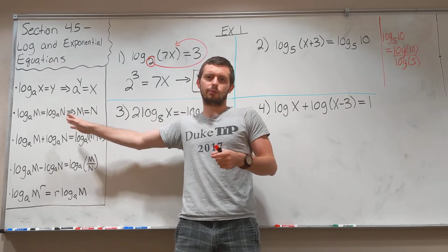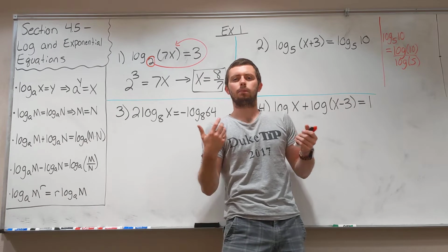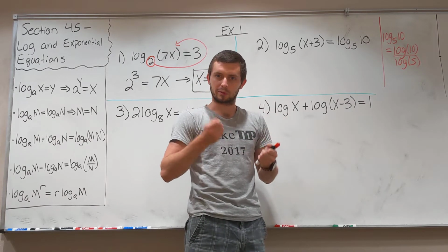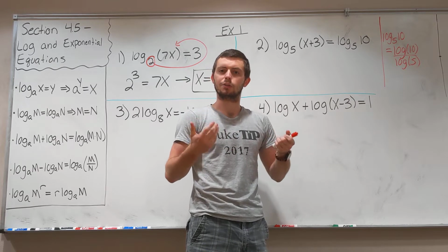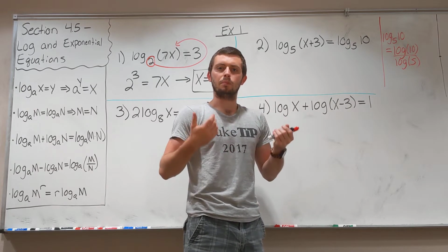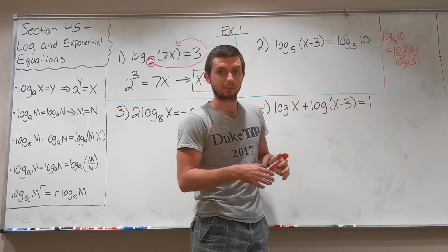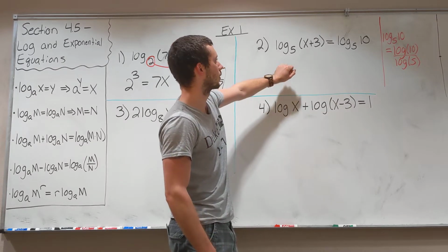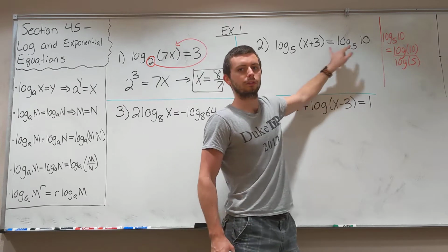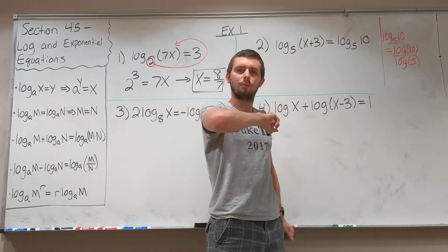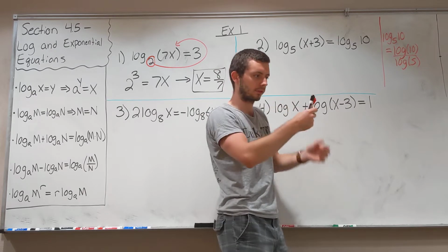We actually used this idea when we looked at exponential equations. When you had 2 exponentials equal to each other, and the bases were the same, then you were able to cancel out the bases. It's the same idea here. Notice we have 2 logs, there's no numbers in front, so there's no factors that we have to move as exponents.